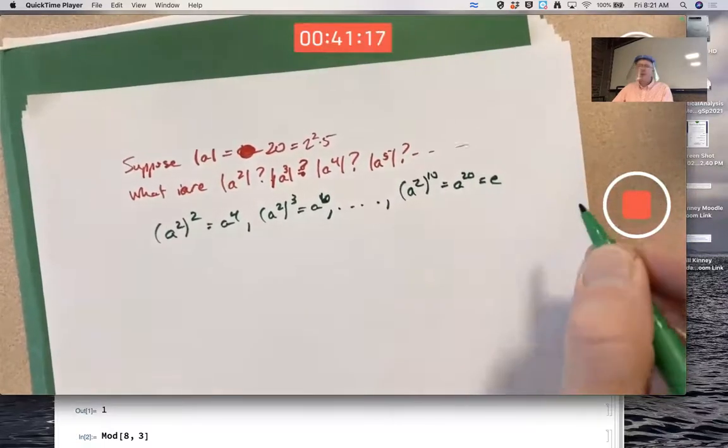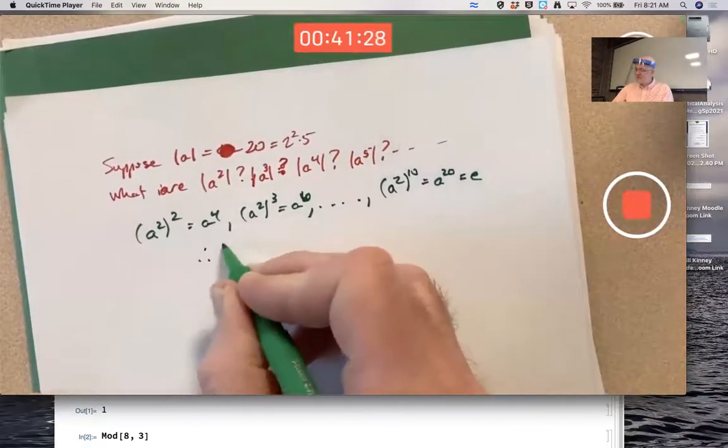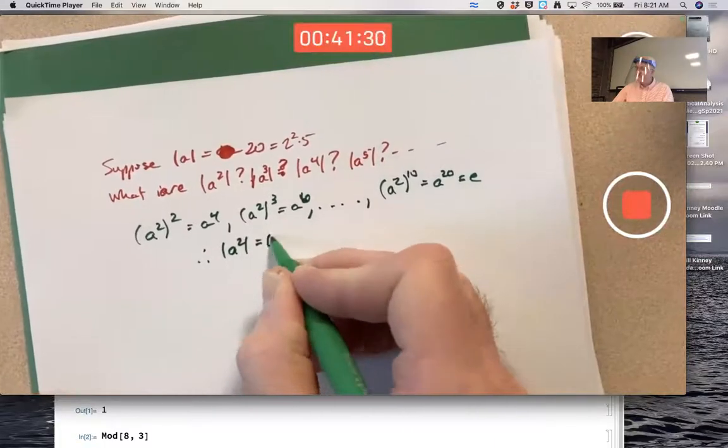That's the first positive power of a squared that will get you back to the identity since a has order 20. Therefore, the order of a squared is 10.